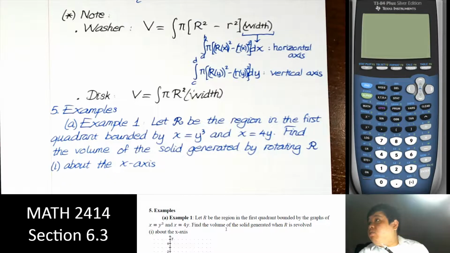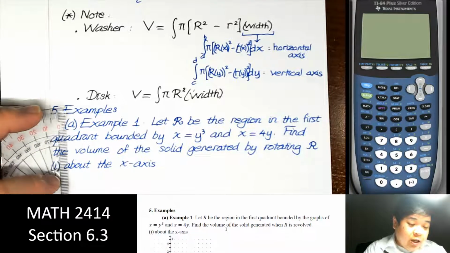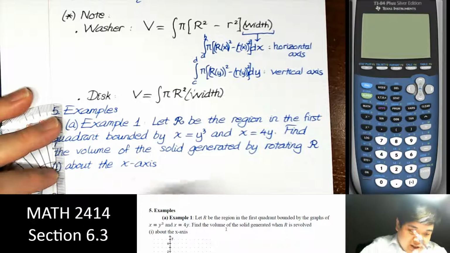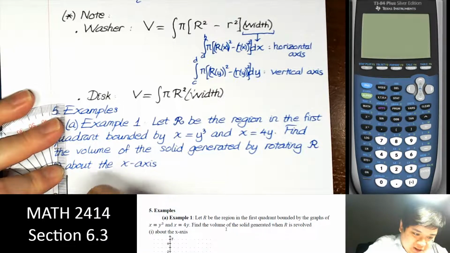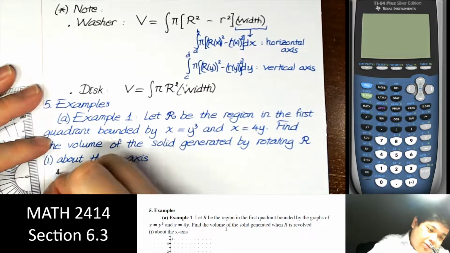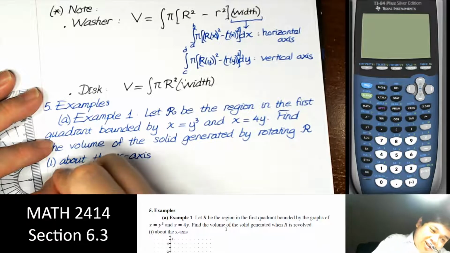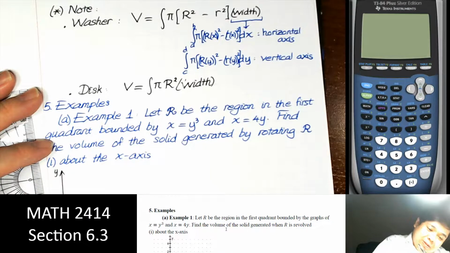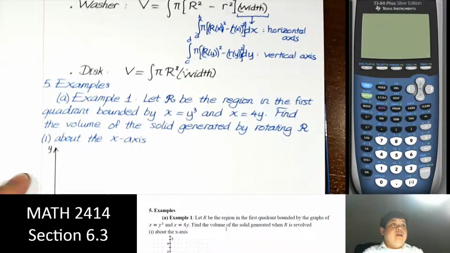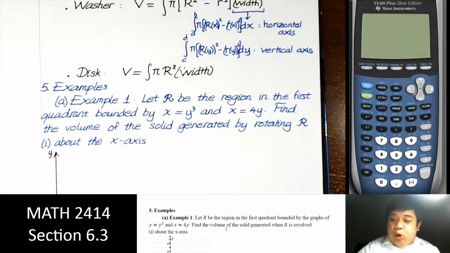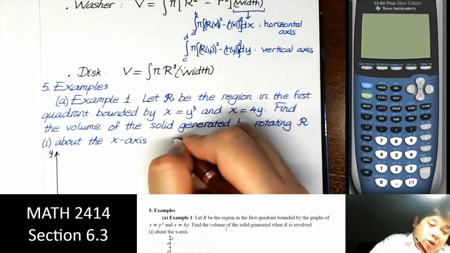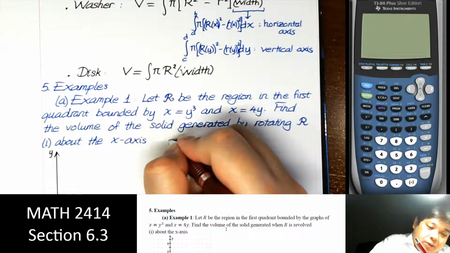This is in the first quadrant, so we only need positive x and y axis. 2, 4, 6, 8. Right. This is x equal to y cubed, so it's not going to be a function, so we have to kind of just plot in the points, see what happens. So x equal to y cubed.